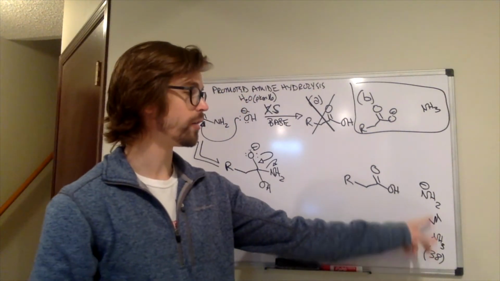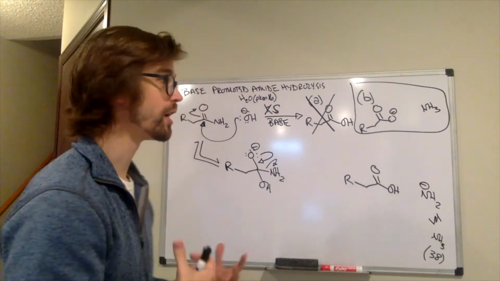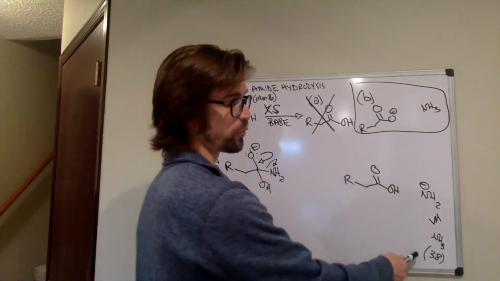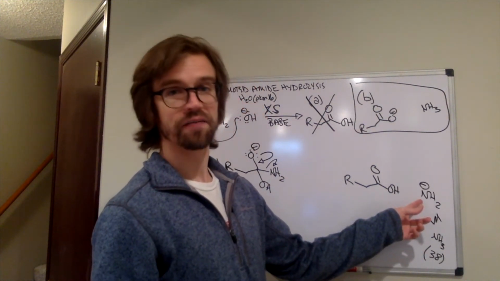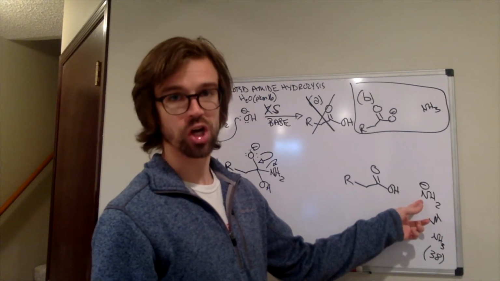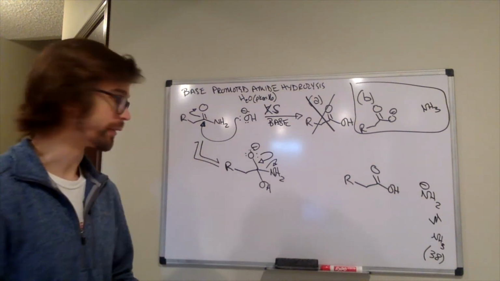Yeah. So this is so much more acidic than this. This is a terrible leaving group. The stronger the acid, the more stable the conjugate base. This is a super weak acid, which means this is a very reactive, very strong, angry base. It doesn't want to act as the leaving group.